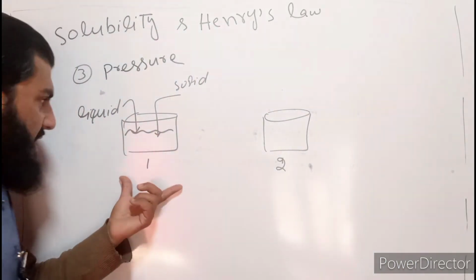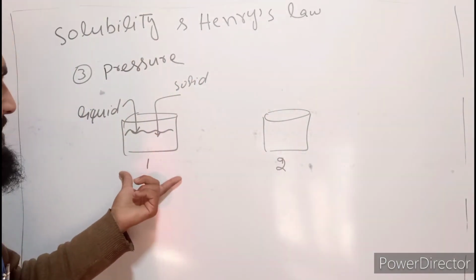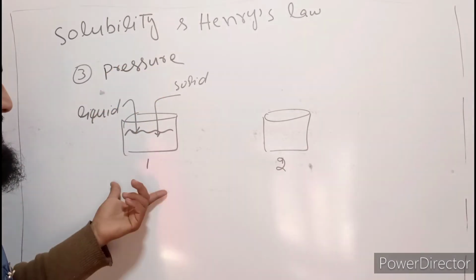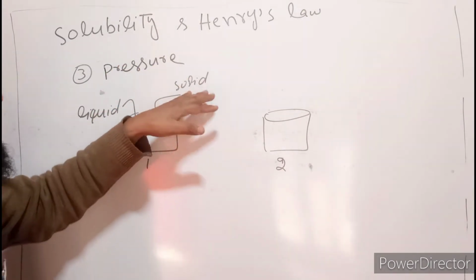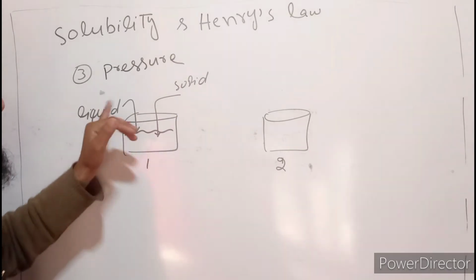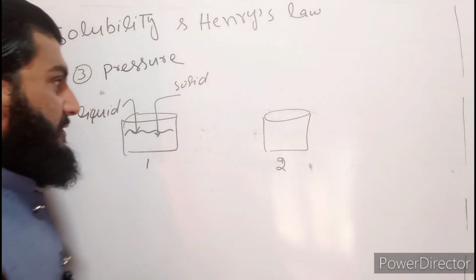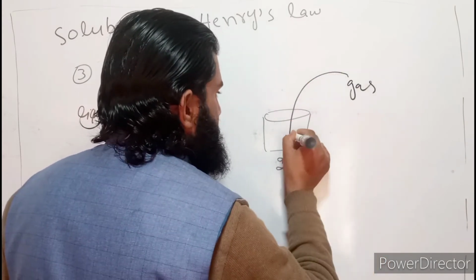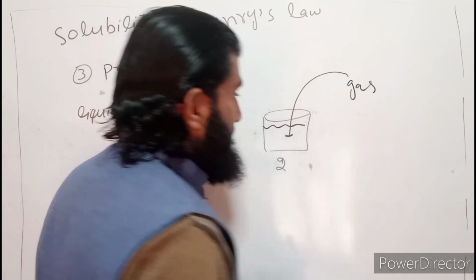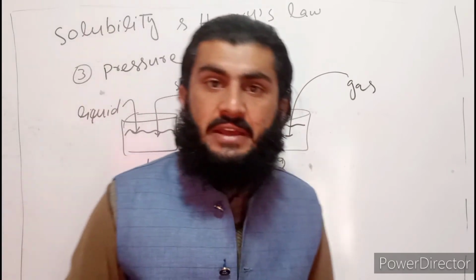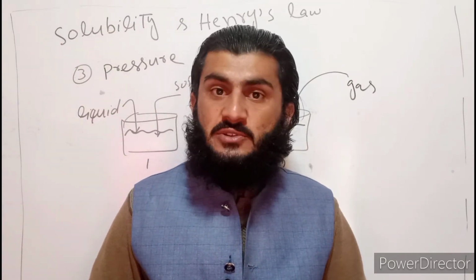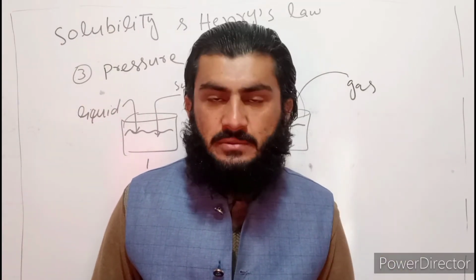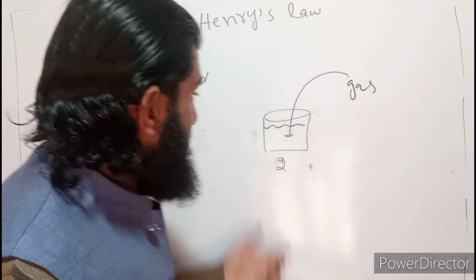So there is no role of pressure, increasing or decreasing, when we dissolve solid in liquid or liquid in liquid. But when we dissolve gas in liquid, pressure plays a role like a backbone. Clear?